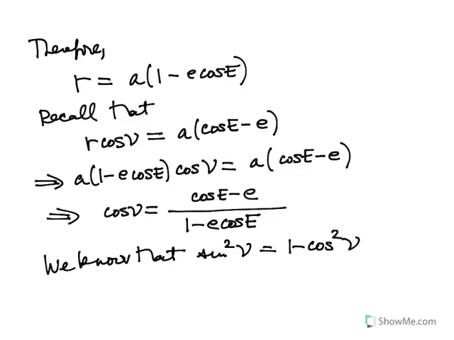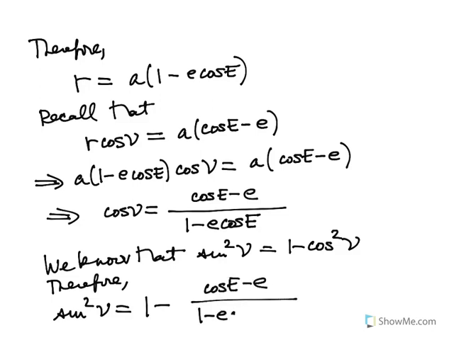So let's use the fact that we have an expression for the cosine of nu to now get an expression for the sine of nu. So therefore, we have the following. Sine squared nu is equal to, well, it's 1 minus cosine of E minus e all divided by 1 minus e cosine of E, the whole thing squared. So now let's manipulate this equation into a different form.